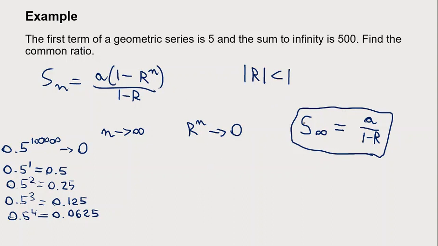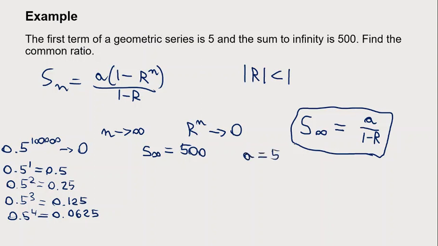Now, we can apply this formula for infinite series to solve this sort of question. We are told that the sum to infinity is 500, so if we sum over an infinite number of terms, we have 500 as the total value, and we know that the first term is 5, so a is 5.